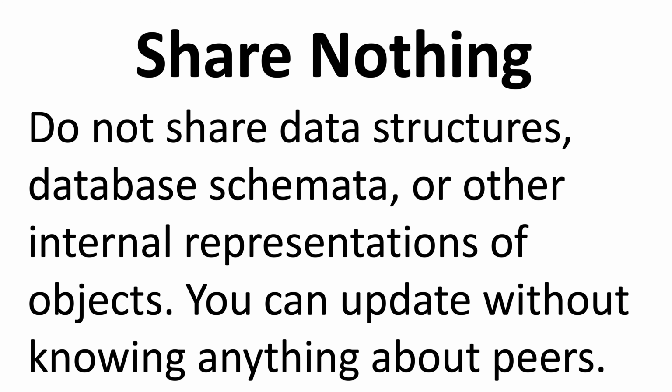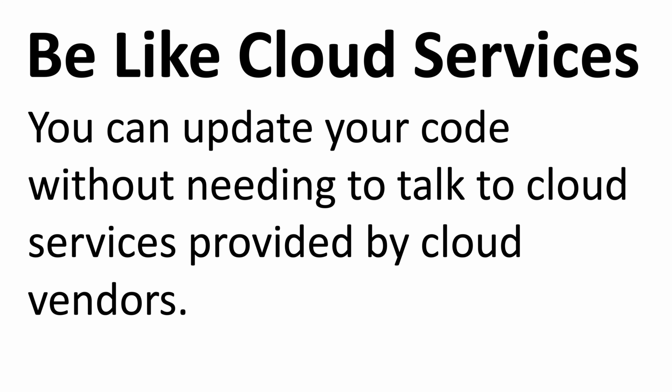So ultimately, as mentioned, we want to use as much as possible the share nothing approach. Do not share data structures, database schema, or other internal representations of objects. And ultimately, you want to update without notifying the rest of the team. You want that level of separation.